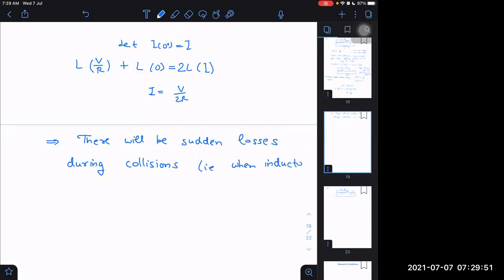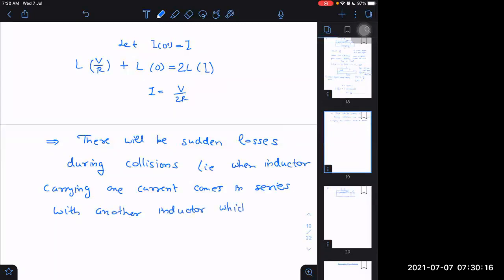carrying one current comes in series with another inductor which was carrying a different current.